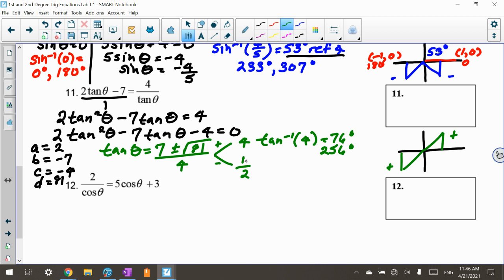Now this one is inverse tan of a half. It's still positive, so I'm still in quadrant 1. When I do inverse tan of a half, I get 27 degrees.